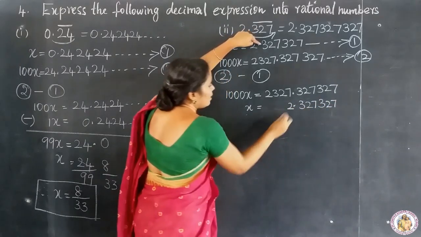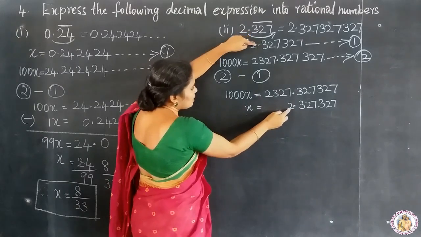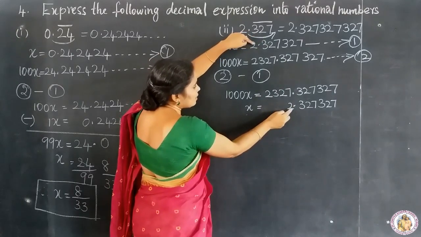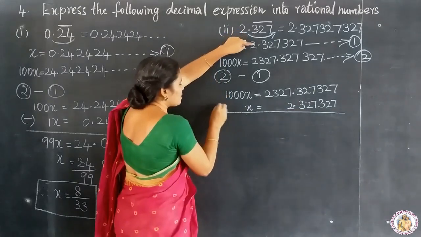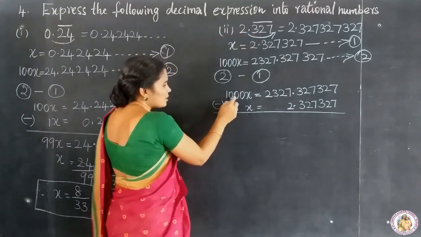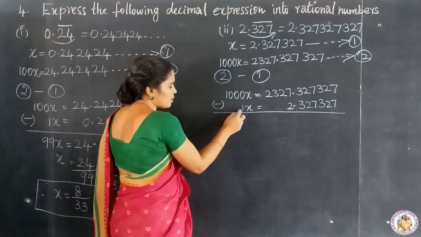Be careful with the decimal. So here we have to write 2 only here. Subtract 1000 minus 1.